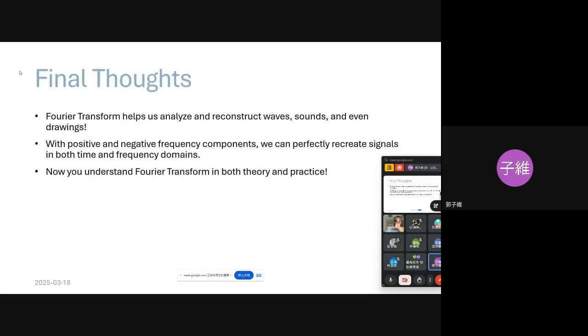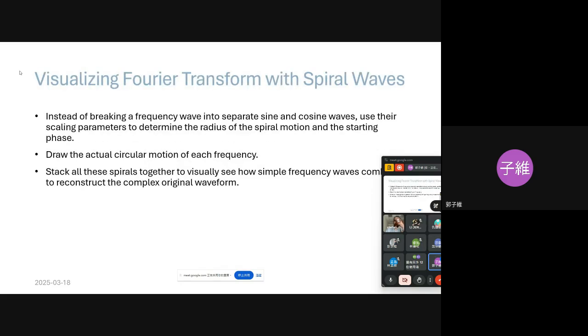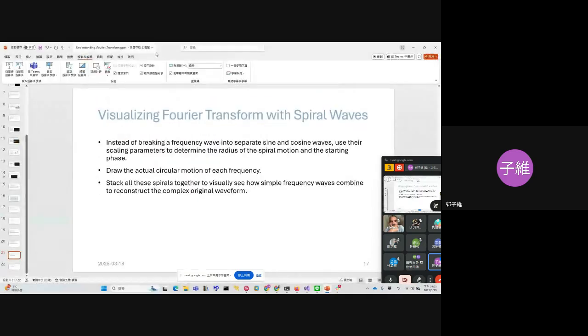Now, visualizing the Fourier transform with spiral waves. Instead of breaking a wave into separate sine or cosine waves, we can use their scaling factors or parameters to determine the radius of the spiral motion and starting phase, draw the circular motion of each frequency, and stack them all up.